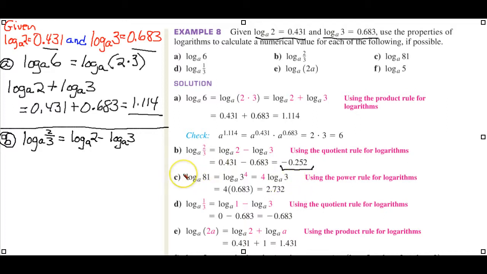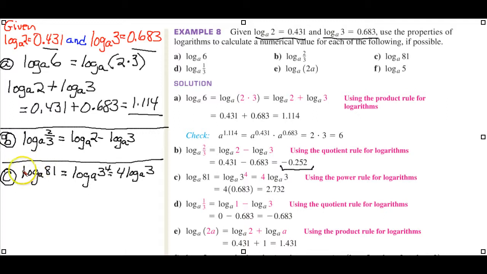All right, let's look at C. So for letter C, we had an 81, and we wonder, how does the 81 relate to 2 or 3 up here? The answer was we had to convert that 81 to 3 to the 4th power, which is 81.